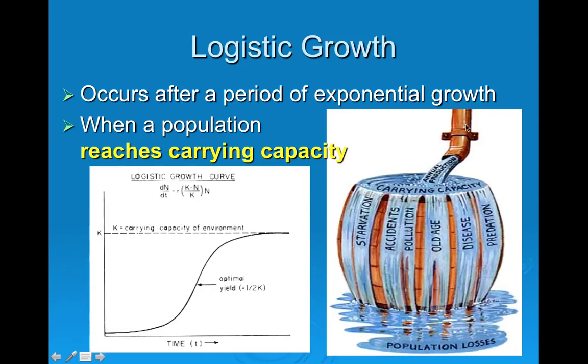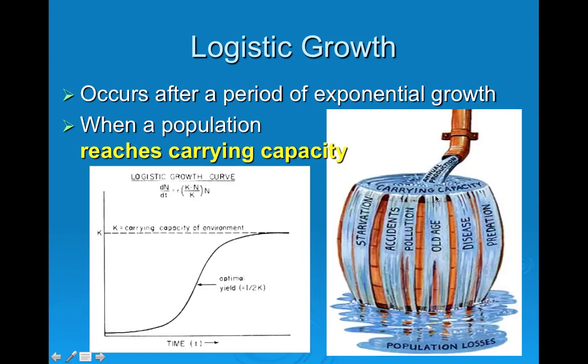And if you look at this picture right here, this kind of shows how carrying capacity works. Think of this barrel right here as the maximum number of organisms that an area can support. You have organisms coming in through annual production, and this is going to be your birth and immigration. You have different reasons why organisms leave that area.